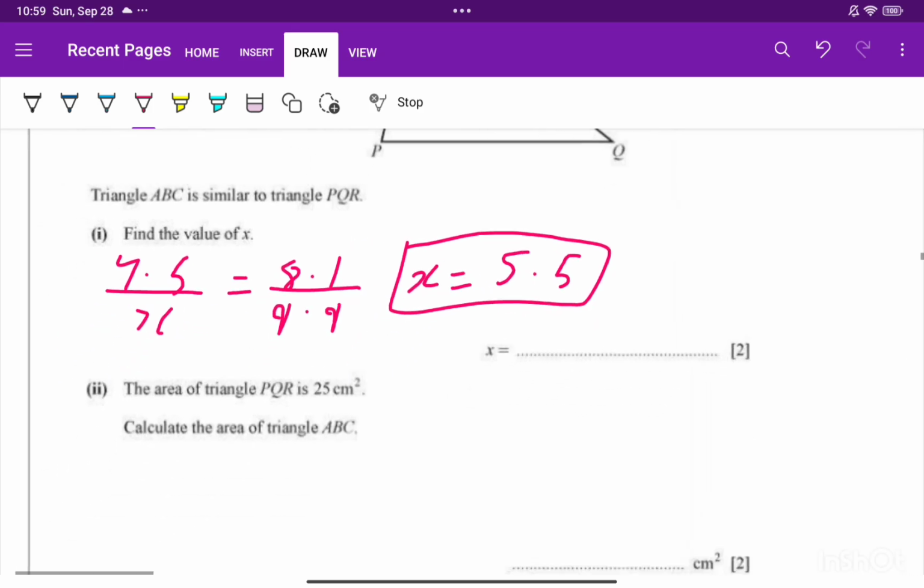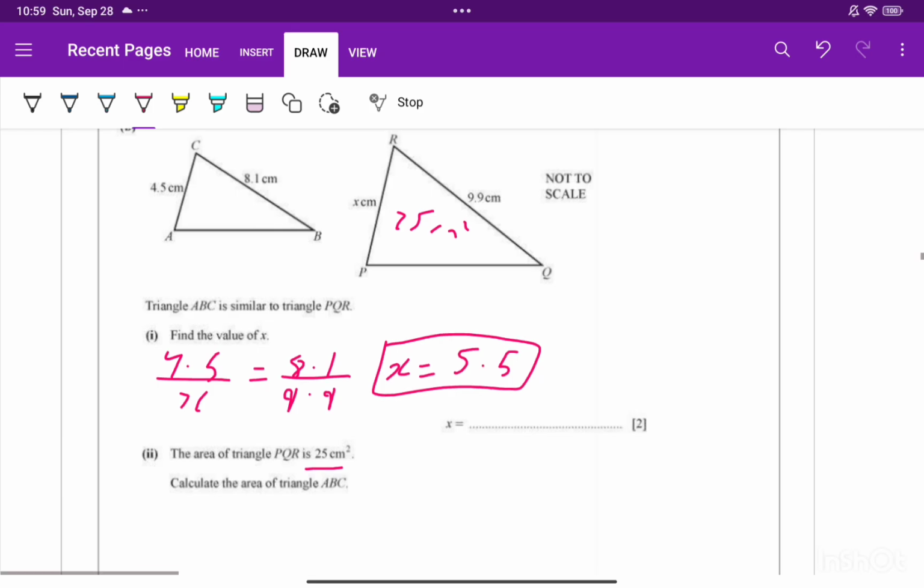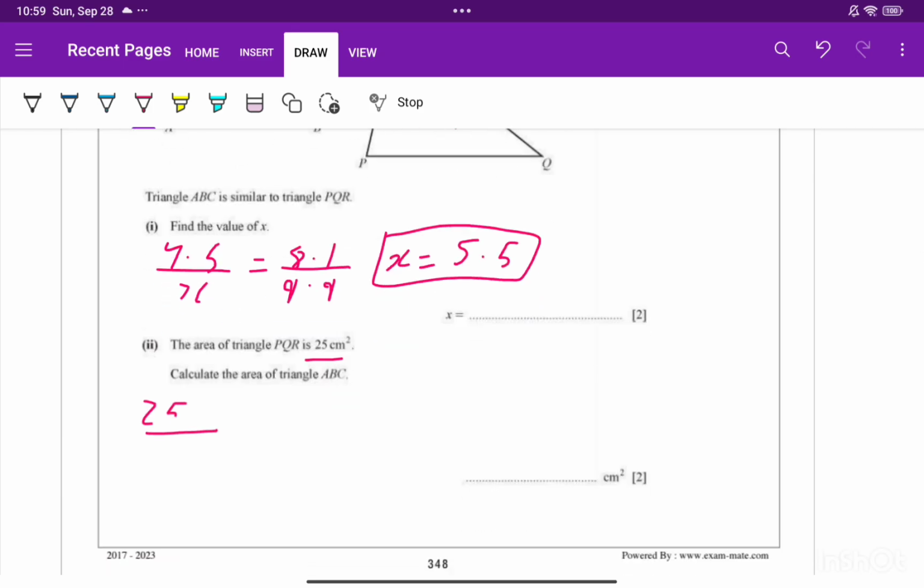Okay, the area of triangle PQR is 25 centimeter squared. Calculate the area of ABC. Okay, so 25 centimeter squared, and this is the area of triangle ABC. As we know, whenever two triangles are similar, their area ratio is equal to the square of the ratio of corresponding sides.